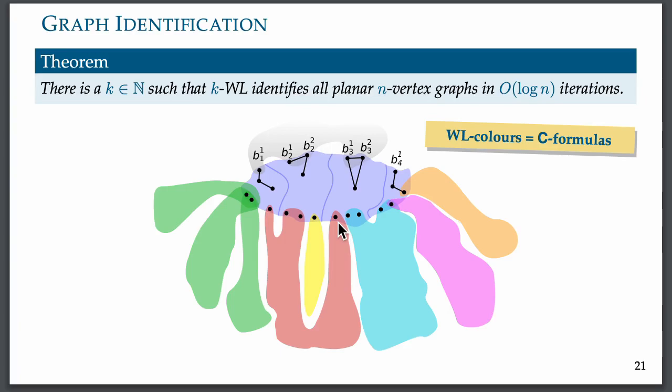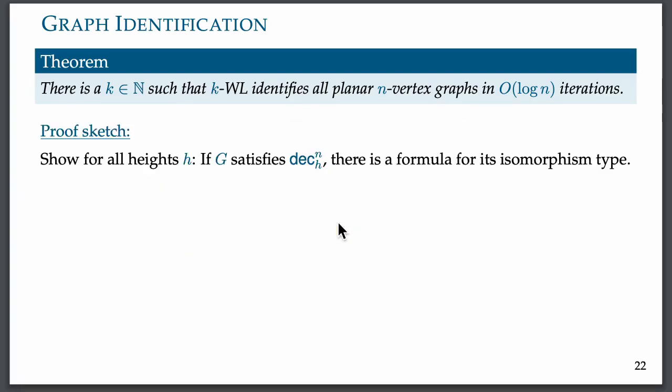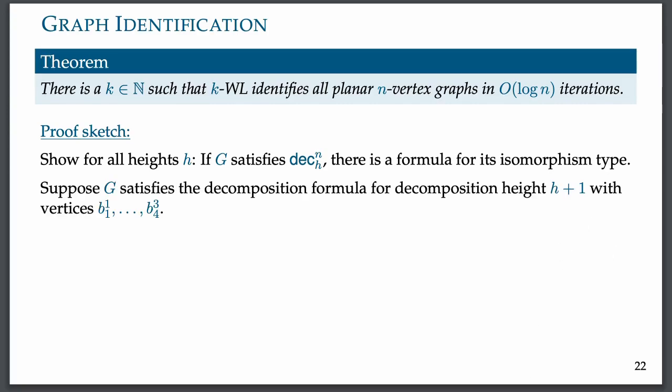So the proof of our main theorem proceeds over the height of the tree decomposition that we consider. We show for all heights, if G satisfies the decomposition formula from the previous slides, then there is a formula for its isomorphism type. For the inductive step, suppose we know that G satisfies the decomposition formula for height h plus 1.